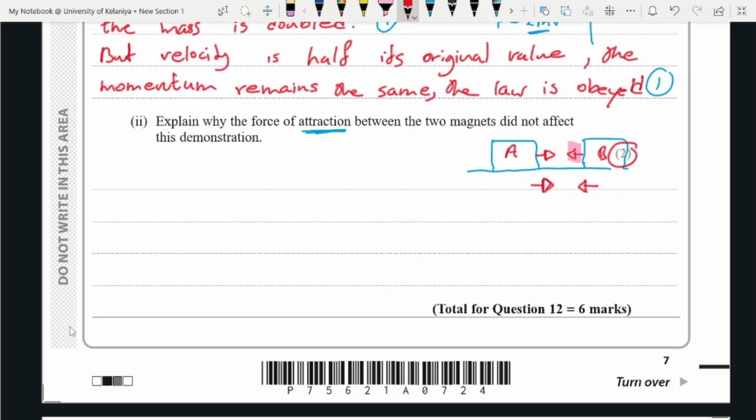Even here they have mentioned 2 points, so we have to explain our answer in 2 points. You can mention that the gliders accelerate in opposite directions. Why? The magnetic forces are equal in size and opposite in direction.